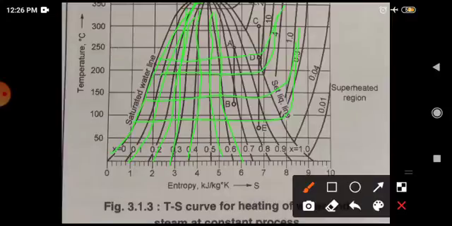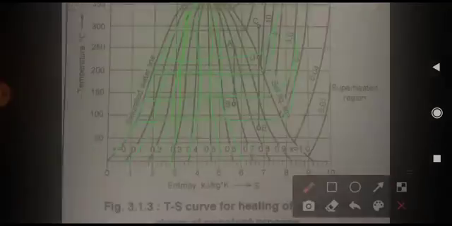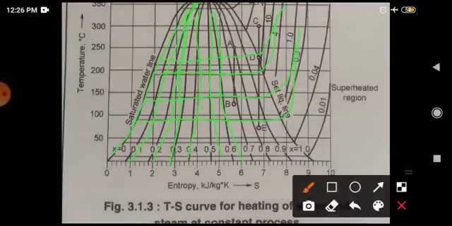That means in this chart you can observe four properties of the steam: temperature, pressure, dryness fraction, which is represented by X, and entropy. So when in a problem you are given all four of these properties or three of them, you can find the rest from this chart. Okay, so let's move further.